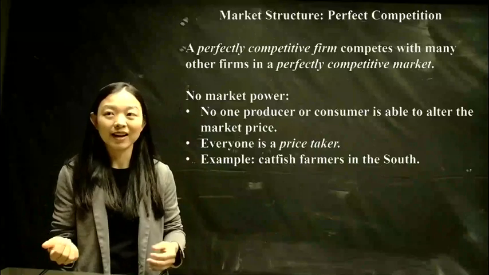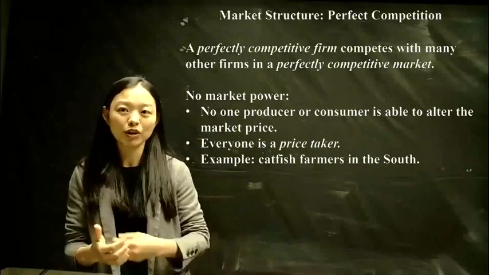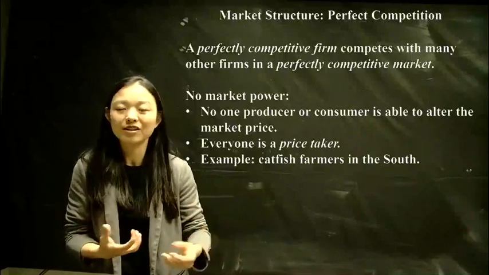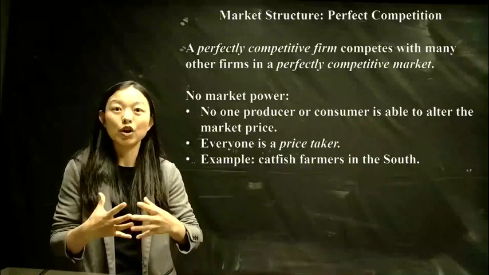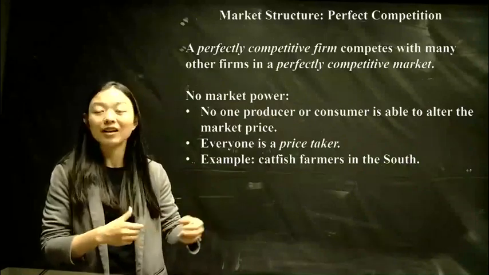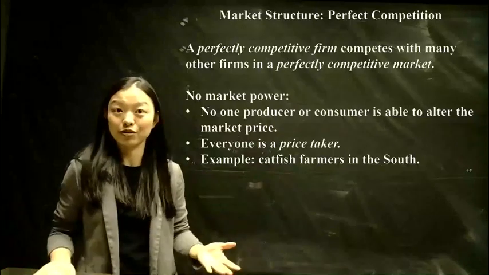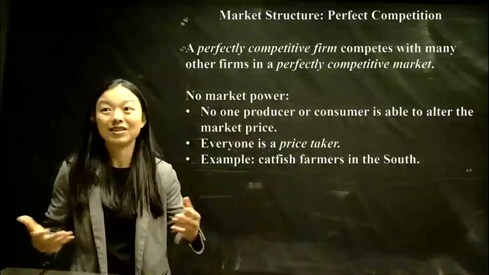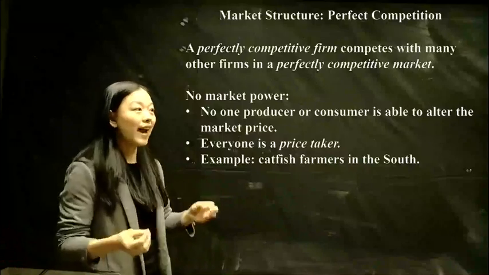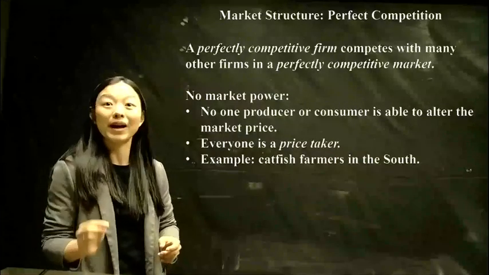If you want to catch catfish, you don't need to pay a lot of money. We could say there is no entry barrier into this type of market. I just need to go to a river and catch the catfish, and then I can sell it in the market. So catfish farming in the south is very similar to a perfectly competitive market.